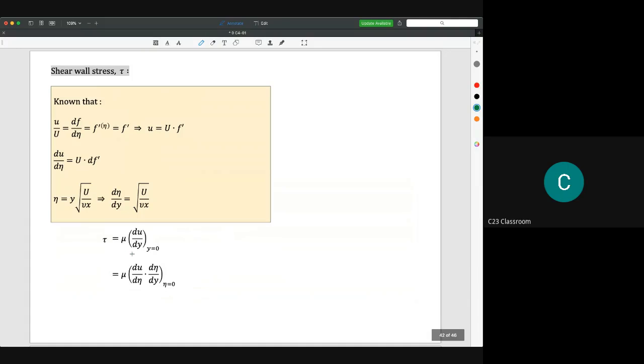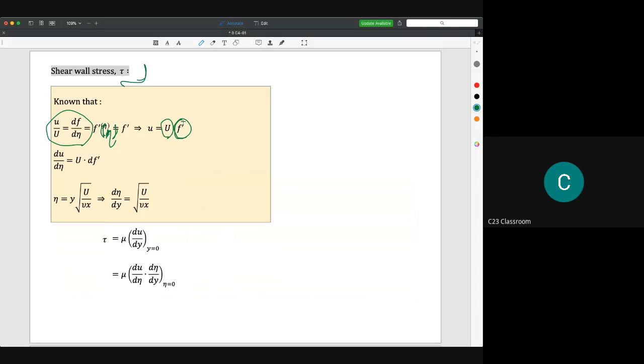And then we calculate the shear stress. From here, we have df prime d eta, which is the function of eta. We could say that small u is actually capital U times f prime.